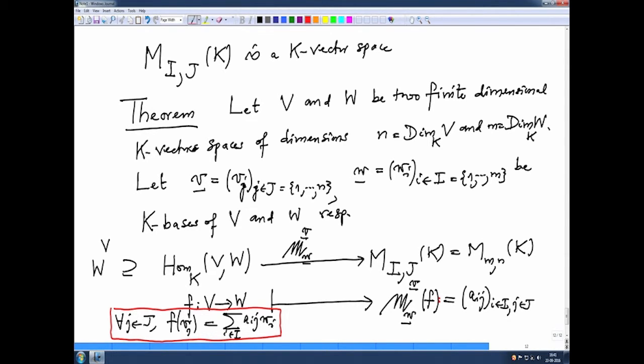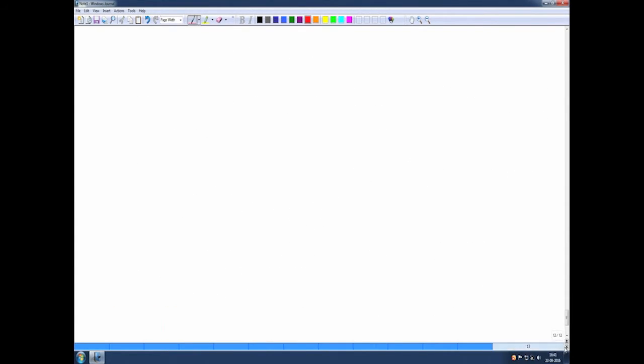Therefore, the dimension of M m n k will be the dimension of V times the dimension of W, which will be mn. So the first information we get about these matrices is the dimension is m times n, and then we will worry about how to find a basis. Okay. So let us prove. So the statement first. The map.